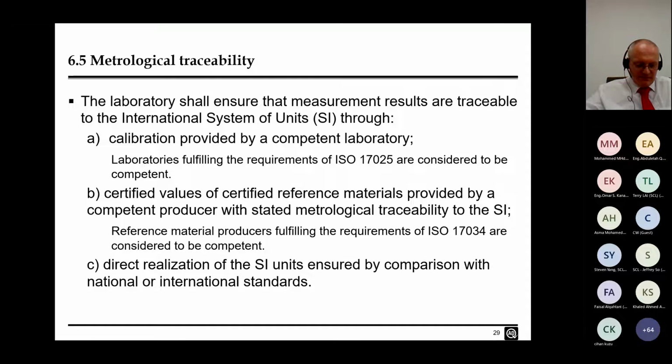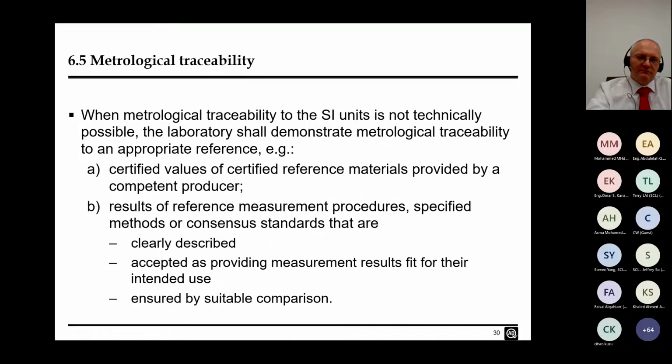So this is a very important issue. And for some realizations, there is a time limit on how often you need to run the comparisons. I think this is true of dimension. I think you have about 10 years between comparisons. For others, there is no strict time limit. But if you realize it, you have to have a comparison so that you can claim metrological traceability.